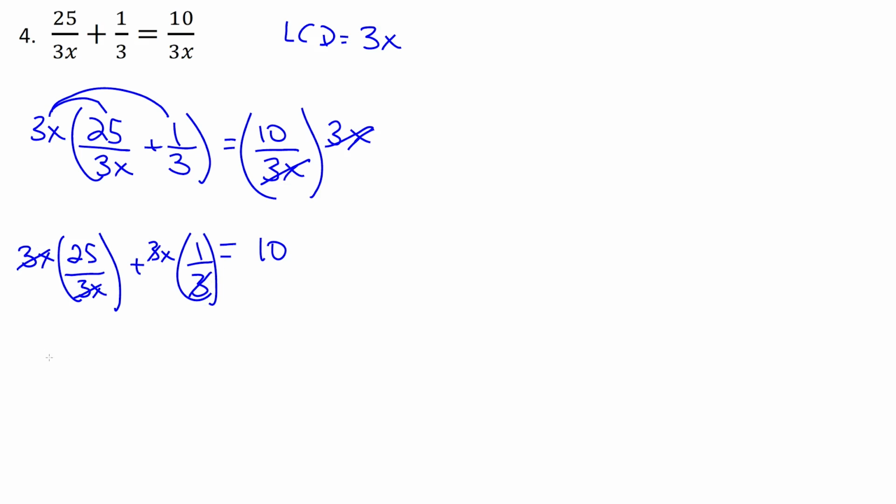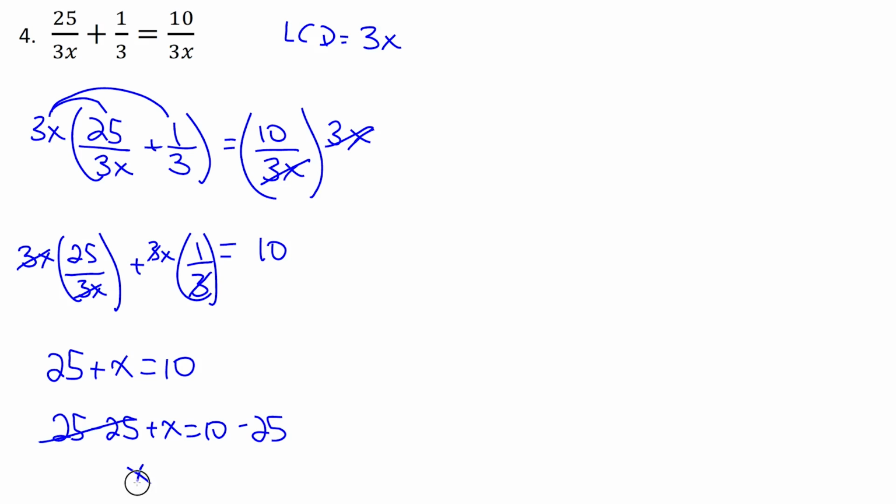So simplifying here, we just have that 25 plus just the x is what's left over, because it's x times 1, is equal to 10. So now to get rid of the plus 25, we're going to say 25 minus 25 plus x is equal to 10 minus 25. So they cancel out on the left, and you get x is equal to 10 minus 25, which is minus 15.